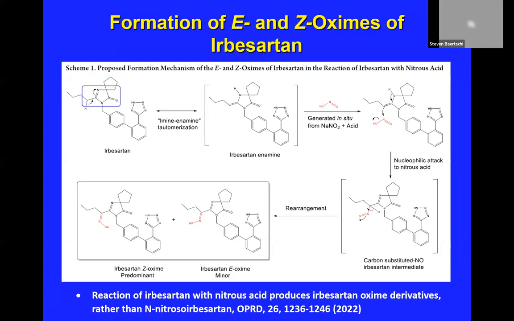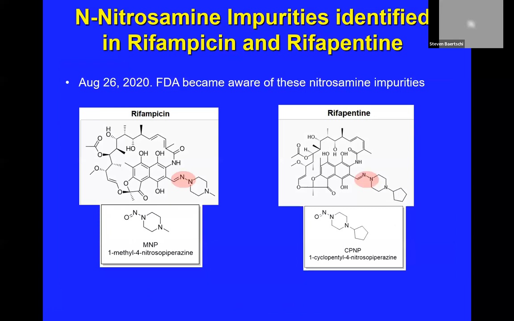So it's important: just because you've got the right molecular weight and you've reacted it with nitrite, doesn't mean it necessarily is an N-nitrosamine. It's good to understand the chemistry, and irbesartan is an example of when it was misunderstood, leading to serious ramifications of product recall.